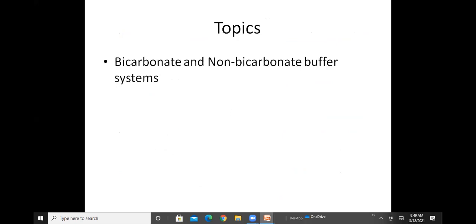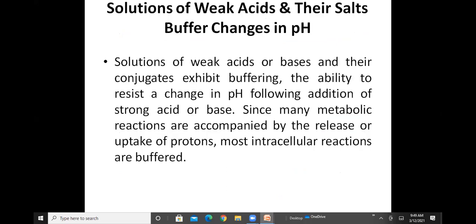So buffers and buffer systems. There are two main types of buffers that you find in the body. You have the bicarbonate buffer, which has a lot of buffering capacity in the system, and you also have the non-bicarbonate buffer systems. The solution of weak acids and their salts buffer changes in pH.